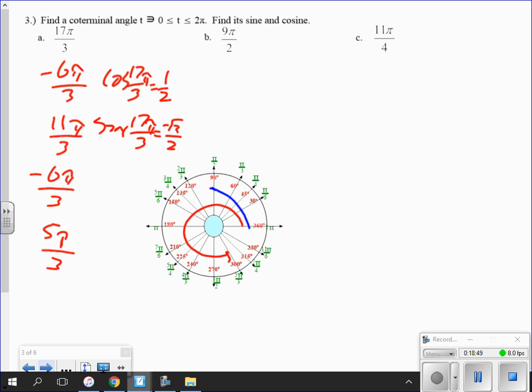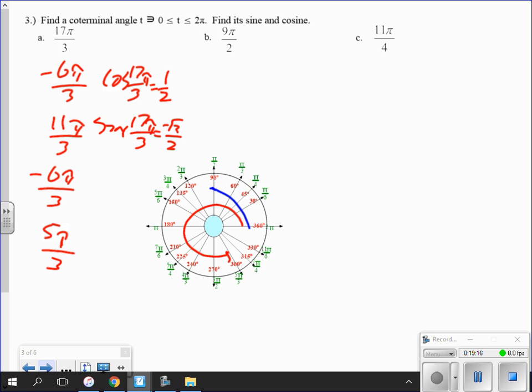So I count by pi over 2. Pi over 2, 2 pi over 2, 3 pi over 2, 4 pi over 2, 6 pi over 2, 7 pi over 2, 8 pi over 2. That's what you do. You count by pi's over 2. So I count around because all the over 2's are either straight up or down or sideways this way. Because 1 pi is 2 pi over 2. 2 pi is 4 pi over 2.